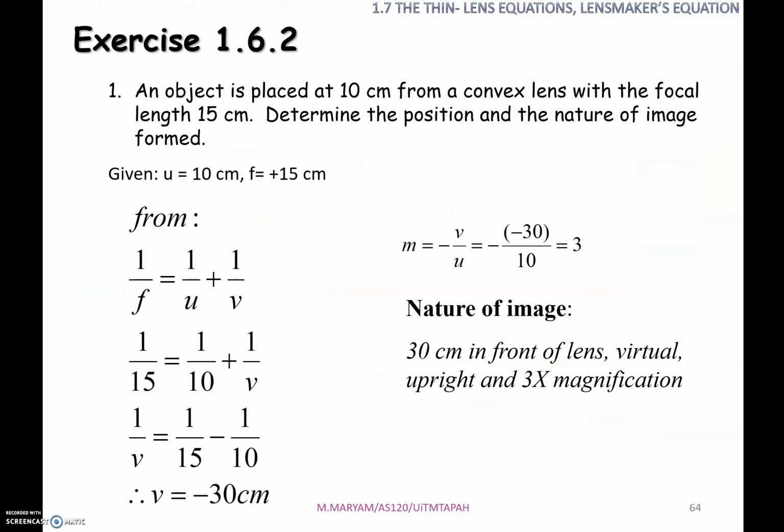Let's try and do an example first. An object is placed at 10 cm from a convex lens. So the keyword that you need to know is what type of lens this is. Since it's a convex lens, the focal length must be positive. So f is equal to positive 15 cm.